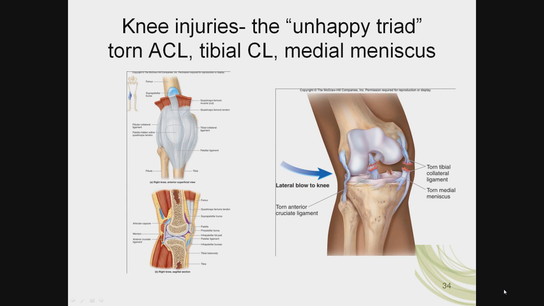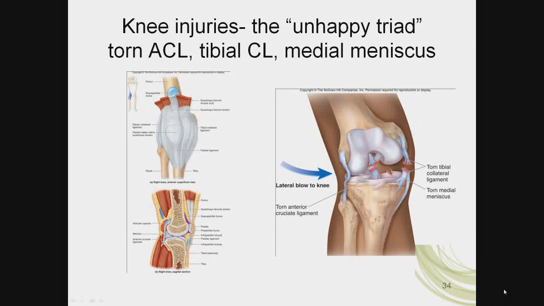In other words, the physician will grab the lower leg and with the other hand brace him or herself with the thigh and see if they can wiggle the tibia anteriorly, forward. This is called the anterior drawer test, like pulling a drawer forward. Too much forward movement indicates an ACL tear.